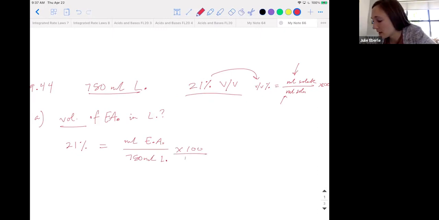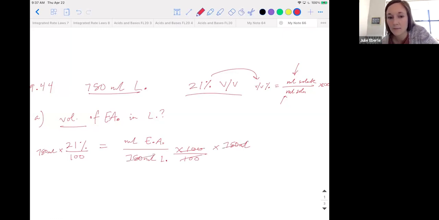So we divide both sides by 100, and then that will cancel. If it cancels, it goes away. And then we multiply both sides by 750 milliliters of Listerine. And if it cancels again on this side, it goes away. So milliliters of ethyl alcohol will be 750 times 21 divided by 100.